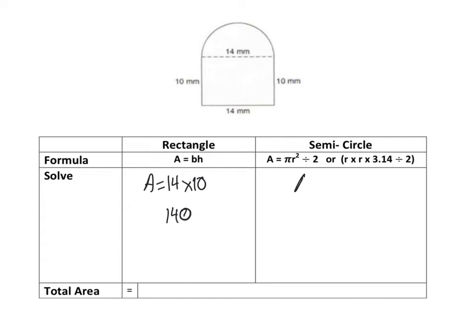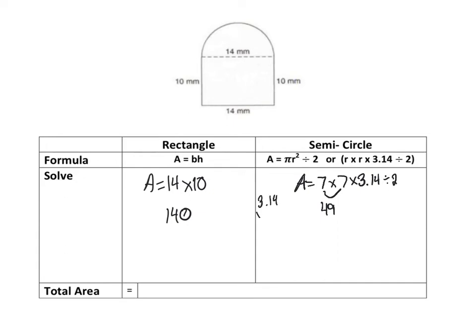So we can do area equals 7 times 7, because those are both the radius, times 3.14, and then divide by 2. I'm going to do what I know first. 7 times 7 is 49.